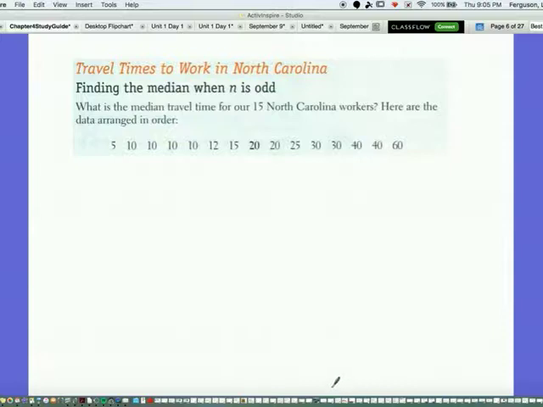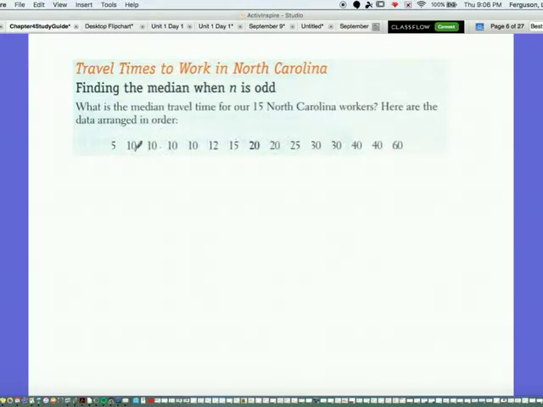Going back to our example earlier of the travel times to work in North Carolina, we can find the median with this data set. We have 15 North Carolina workers, and everything is already ordered from least to greatest. With 15 observations, we take the eighth point as our median, because we would have 7 on one side and 7 on the other side.